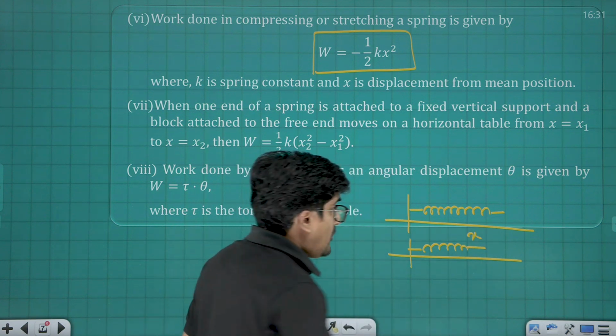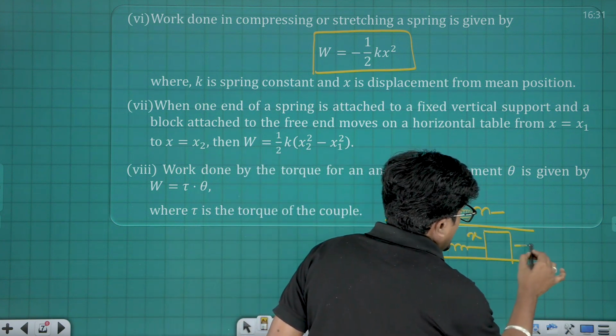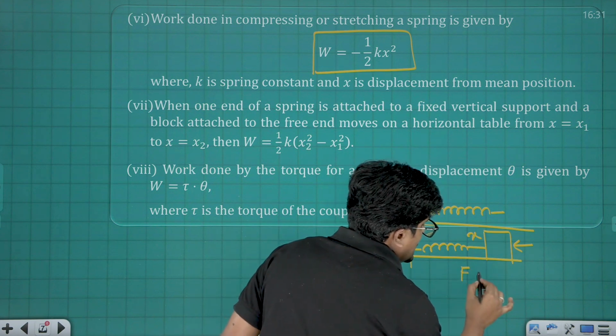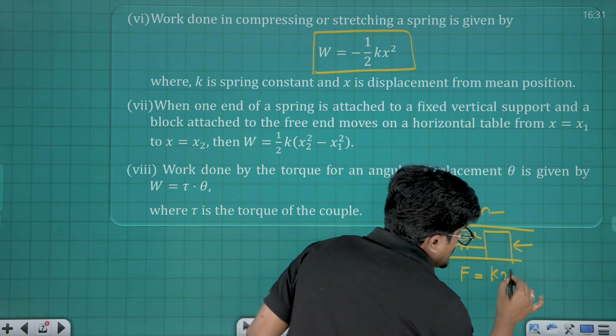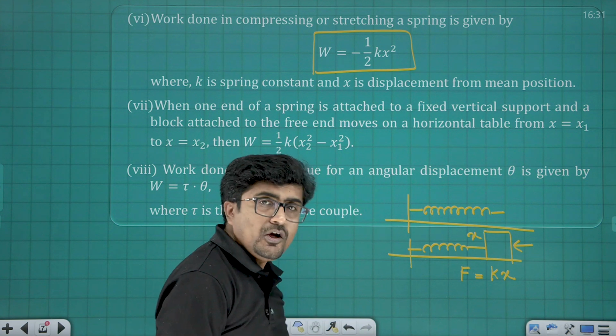Now at this particular moment, if an external agent is helping me, of course this external agent needs to apply a force of K into x to keep this body in equilibrium condition.